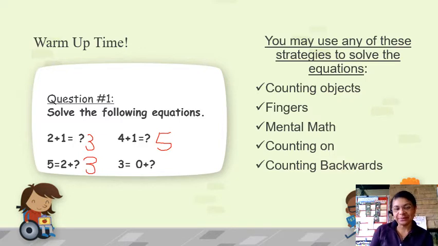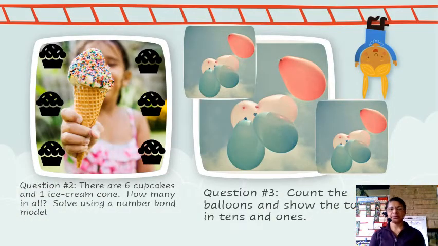You get that right? And 3 is the same as 0 plus 3. Did you get it right? Yay! All right, let's go to question number 2 and number 3.